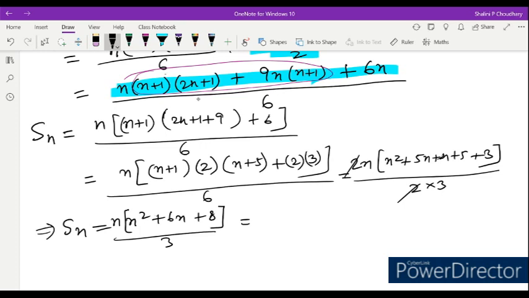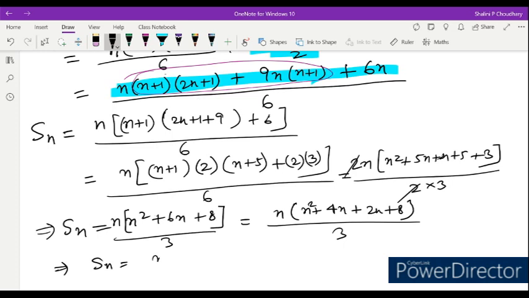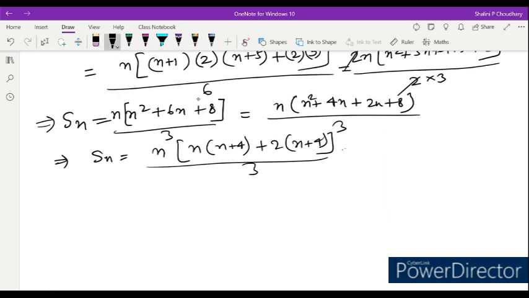So we can write n into n plus 2, or we can break this, n square plus 4n plus 2n plus 8, divided by 3. So Sn will be equal to, when we take n common, n plus 4, and now we'll take 2 common, n plus 4, divided by 3. So we'll get n into n plus 2 into n plus 4 divided by 3.